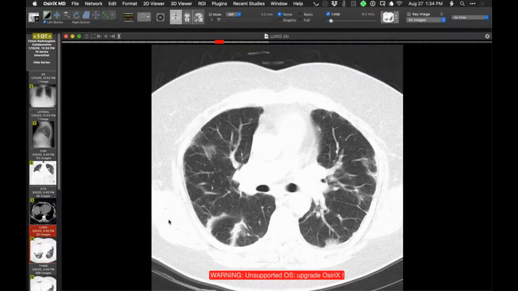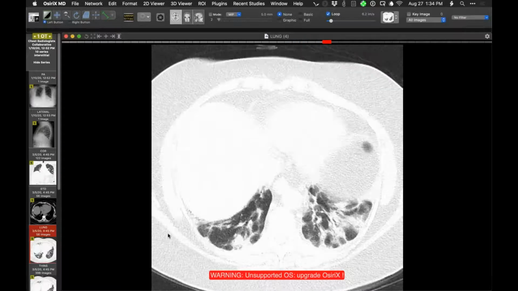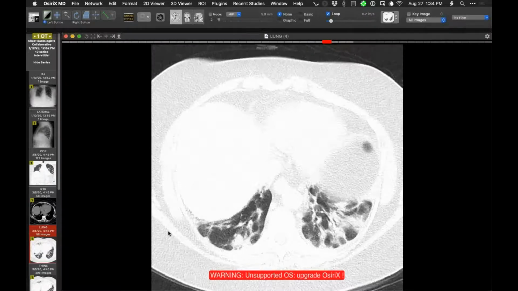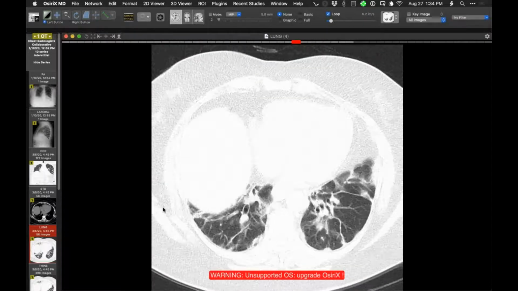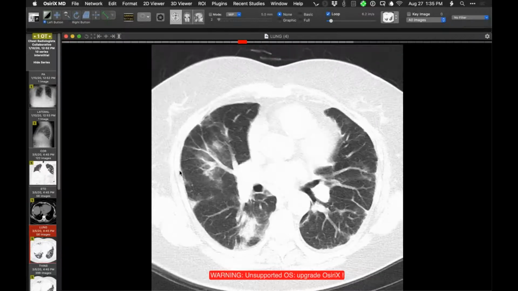Variable shapes and sizes, and more in the lower lung zones. So again here, how much is some form of infiltrative lung disease, because the presentation is not that of an acute febrile respiratory illness, and how much is consolidation, or exactly what's going on there, really hard to say.